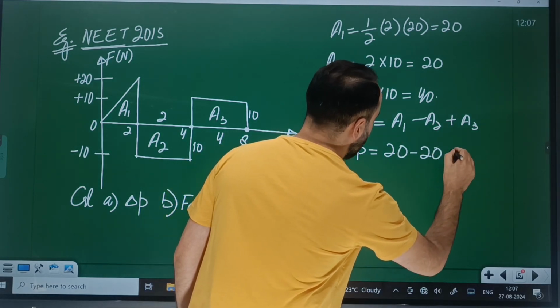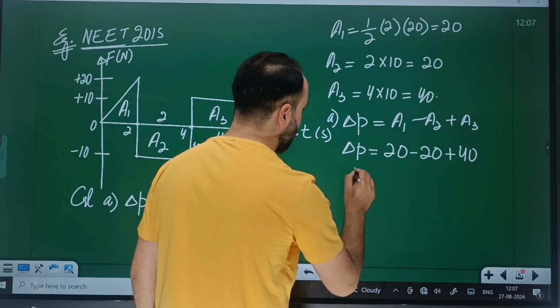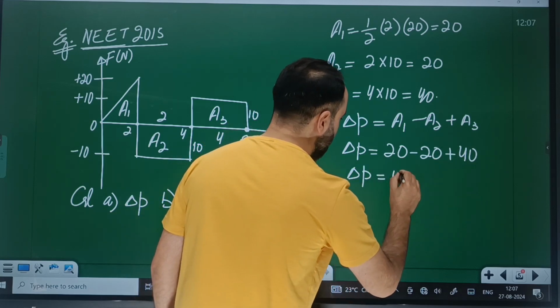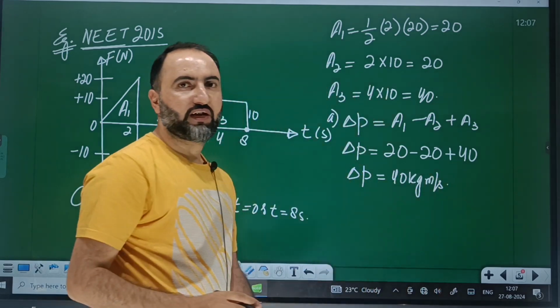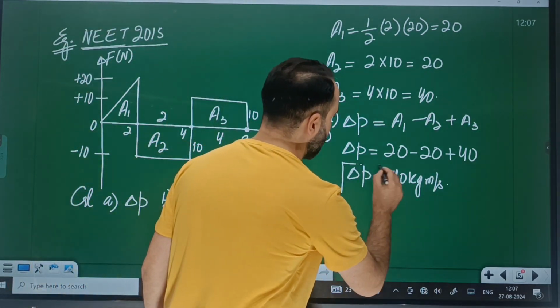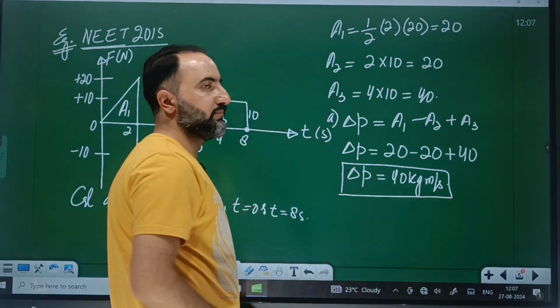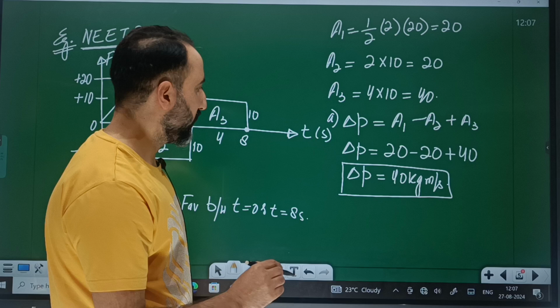That's equal to 20. What about A3? That's equal to 40. This and this are going to cancel. So what did delta P come out to be, beta? That's equal to 40 kilogram meter per second. So this is the change in momentum, or this is equal to impulse. Now next is that you want to calculate the average force. How to calculate average force?